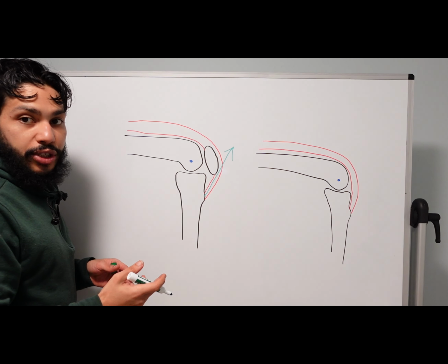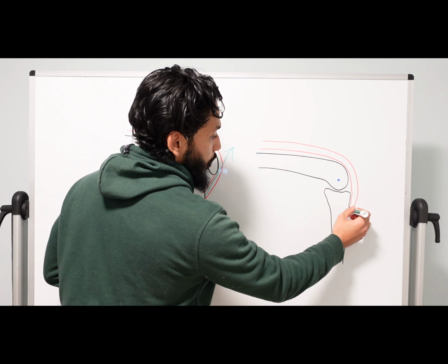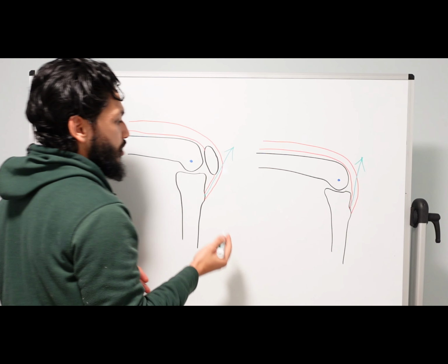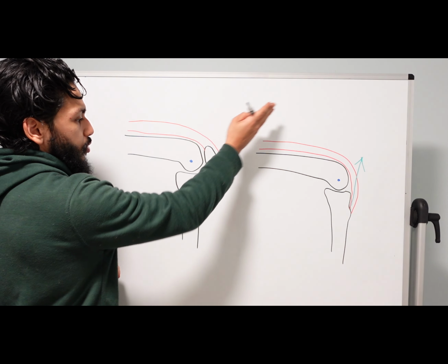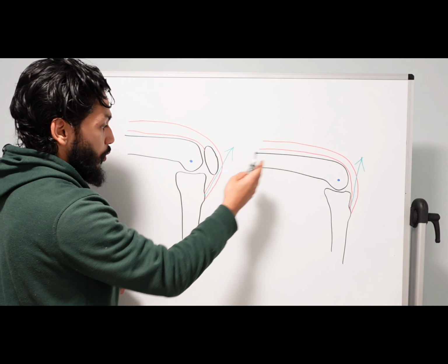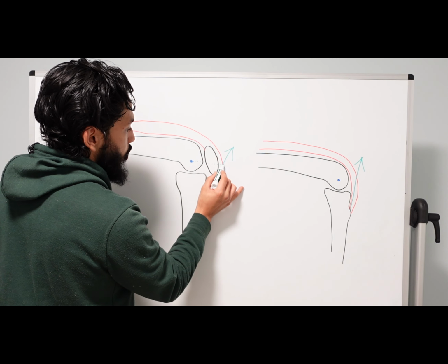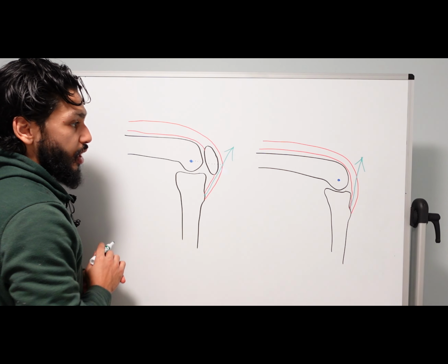Imagine if there's a situation with no patella. Then our force vector would look like this, okay? Now see that in both situations the force vector is going up and towards the right, but when the patella is here, it deviates it further towards the right, which does what? It deviates that force vector farther away from the axis of rotation of the knee joint, which is this blue dot right here.